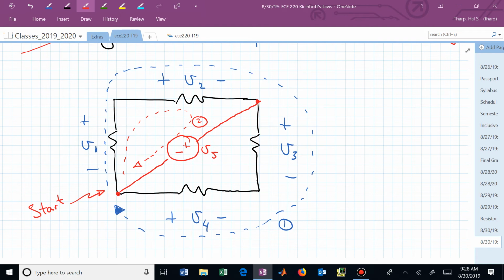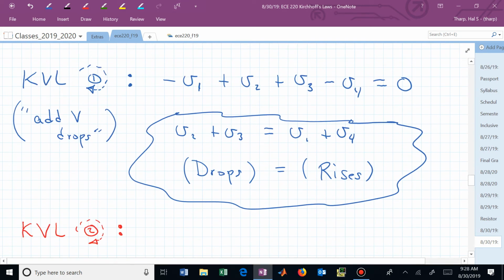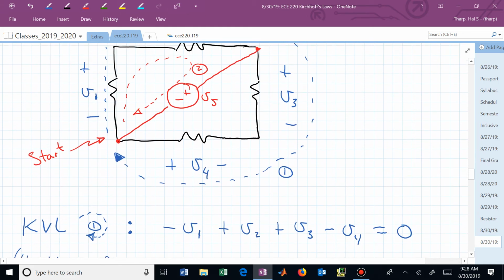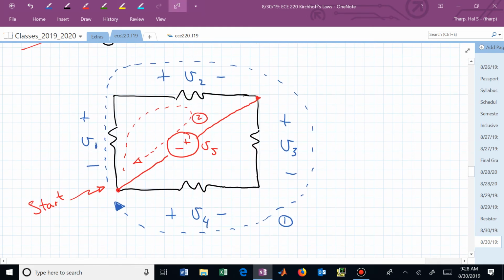But now let's write KVL around path 2 in red. And if we follow the strategy that I suggested, let's just keep track of the signs that we encounter that we've put on there. And these labels, does it matter how we've labeled these?